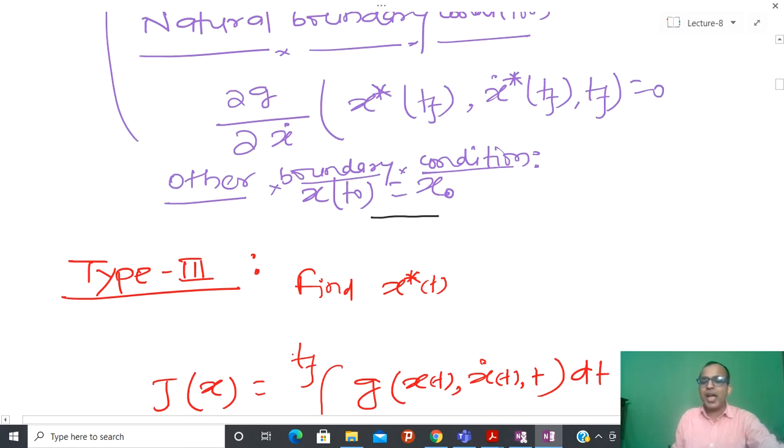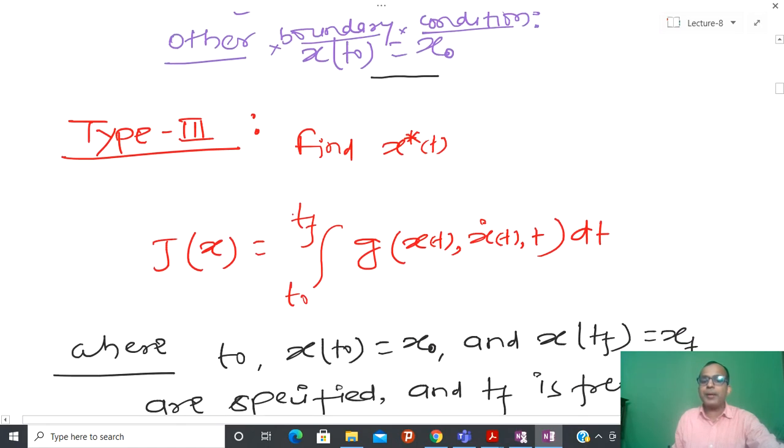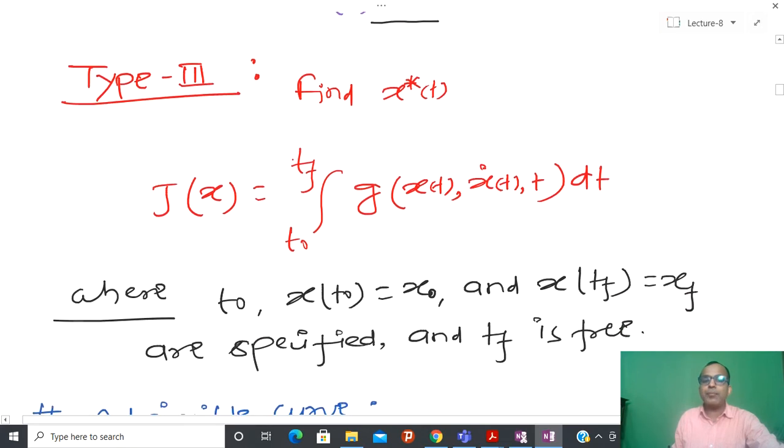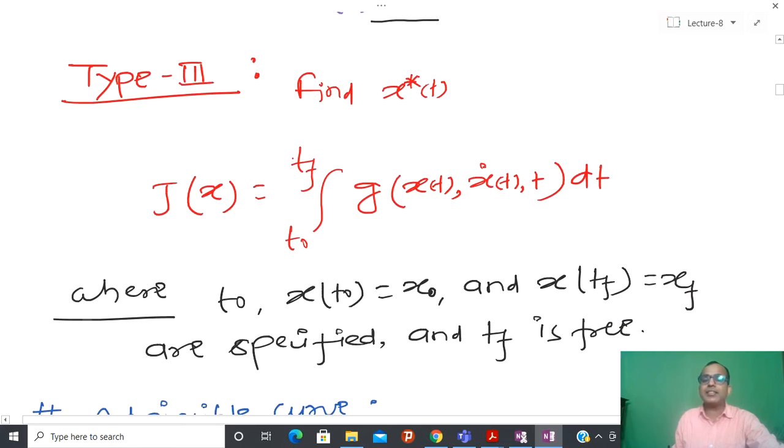And in the type 3 problem, what we found is that the final state is fixed, but tf is free. Then again we have to minimize this functional, and all the assumptions that we kept for the basic variational problem, the same assumptions we apply in the type 3 case.